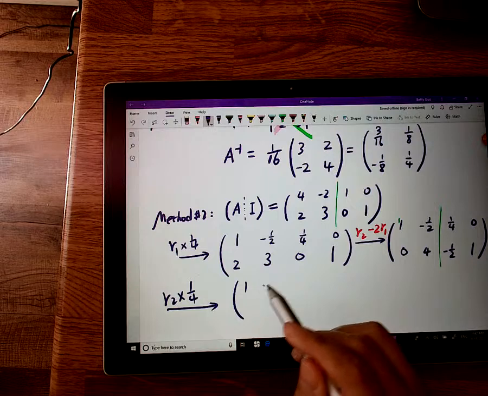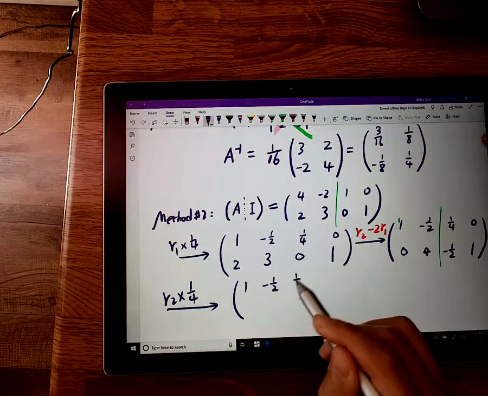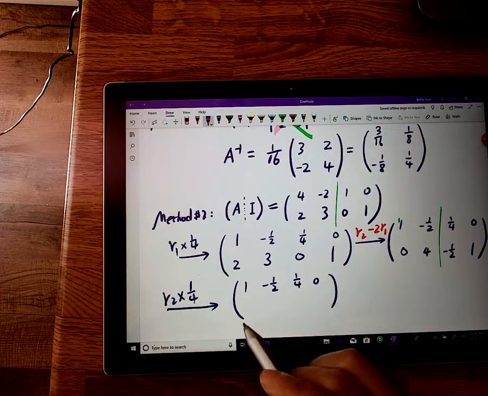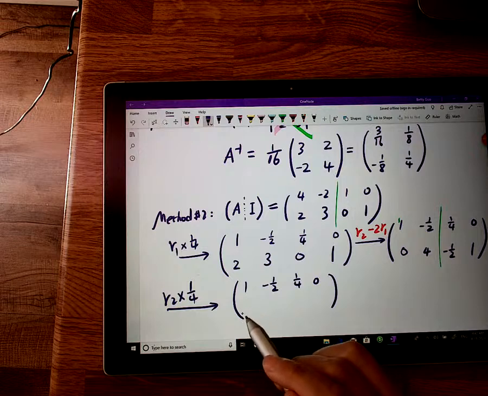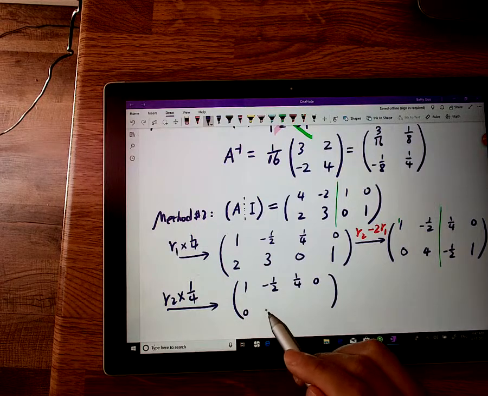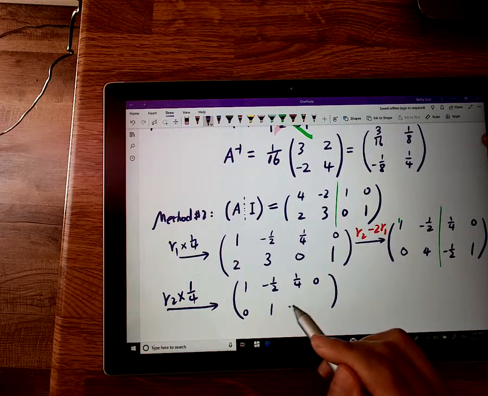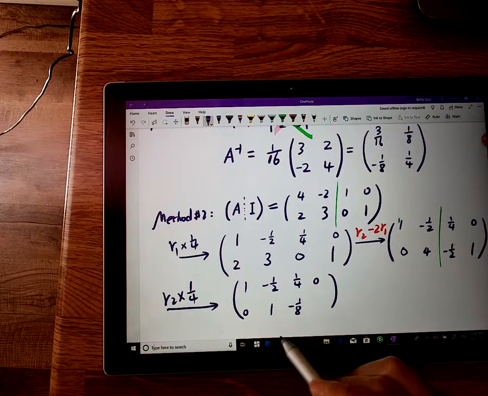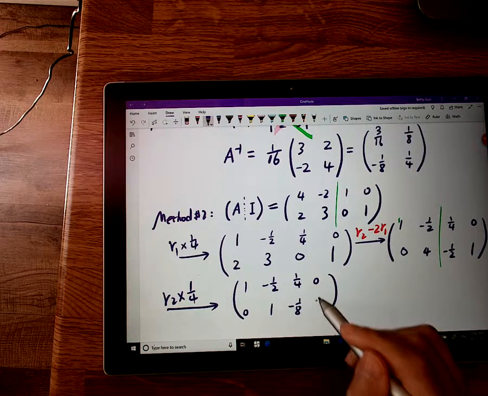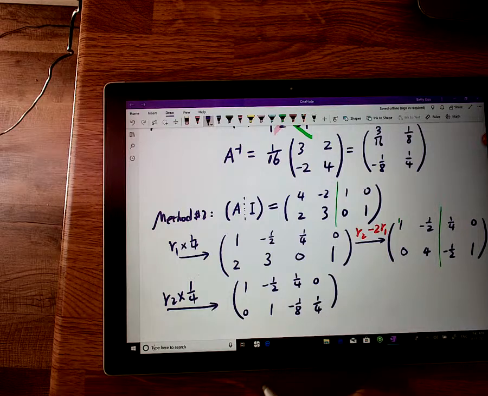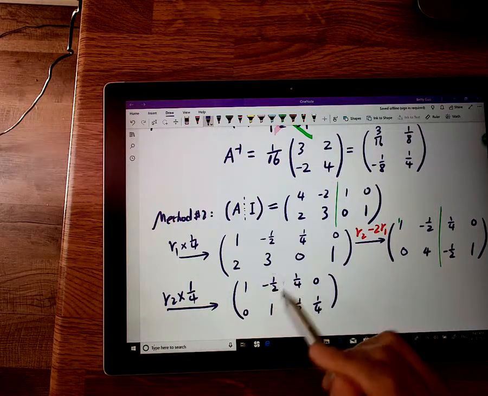So row 1 remains the same. I copy it. Row 2, all the entries multiplied by 1 over 4. 0 times 1 over 4, 0. 4 times 1 over 4, 1. Negative half times 1 over 4, negative 1 over 8. 1 times 1 over 4, 1 over 4. So far so good? Almost there, right?